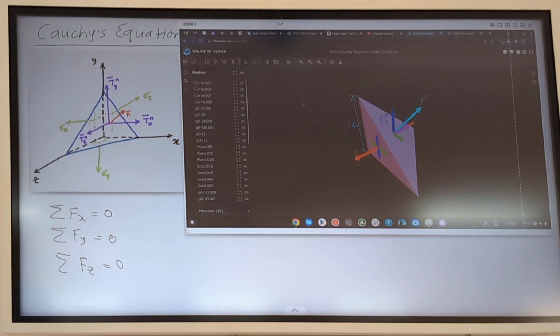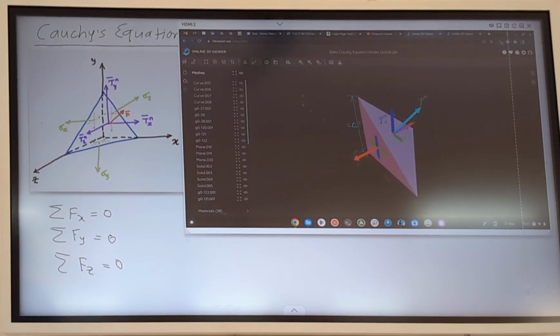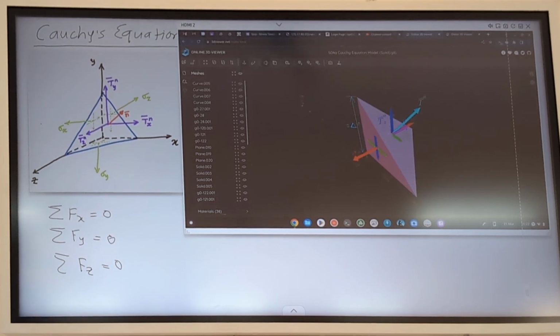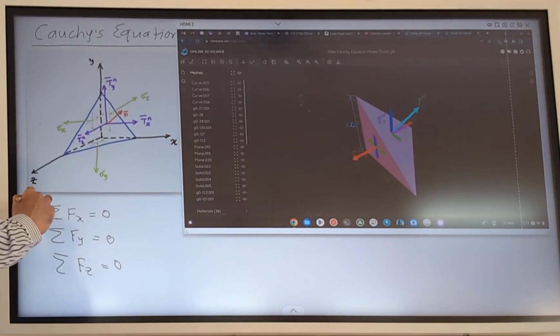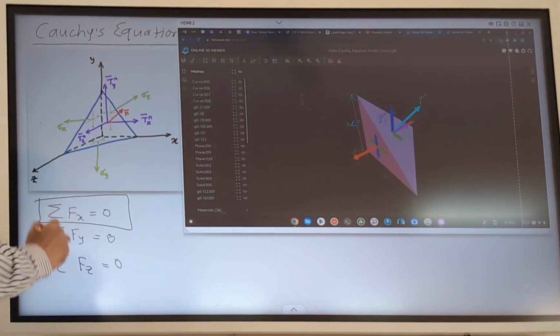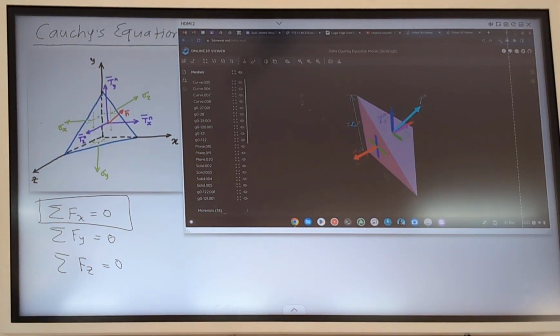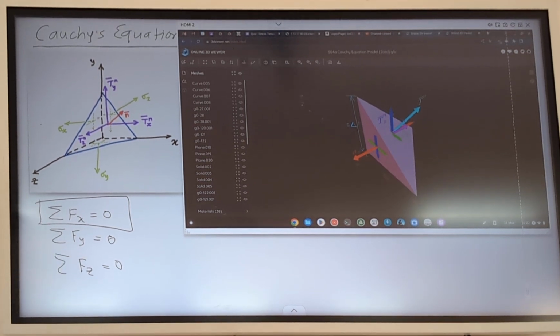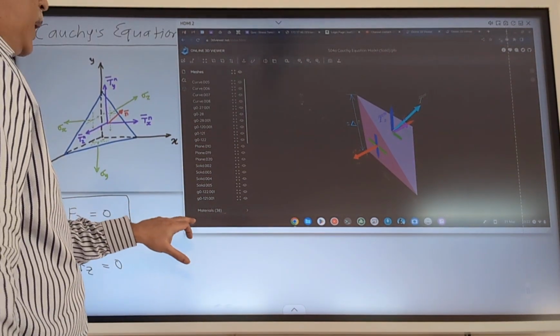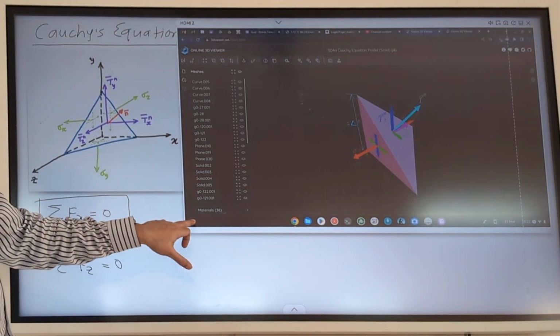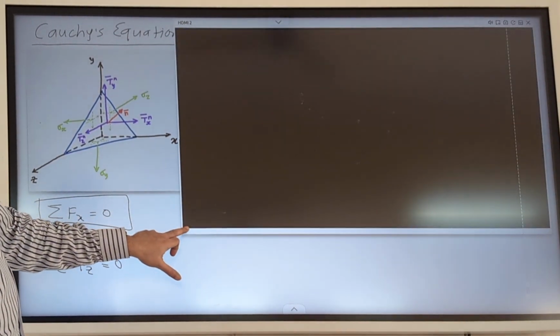These three equilibrium equations will lead us to three separate equations which are called Cauchy's equations. So here we will see what sigma Fx equal to 0 leads us to. That will lead us to the first Cauchy's equation, and the remaining two can be similarly developed. Okay, so let's see what forces are acting along the x direction.